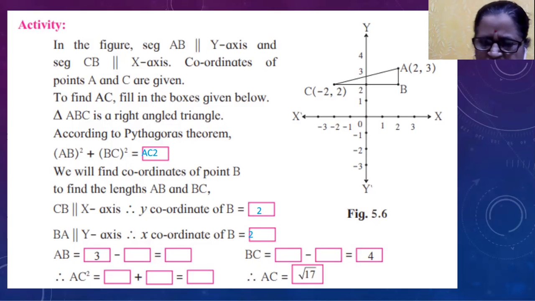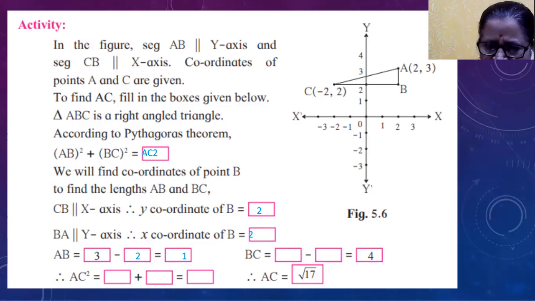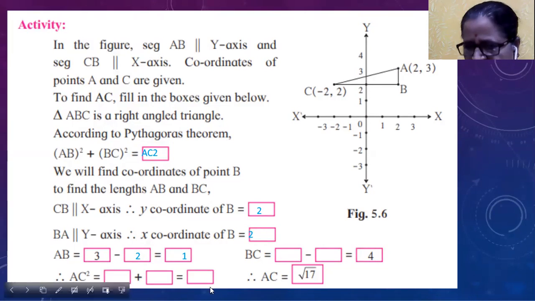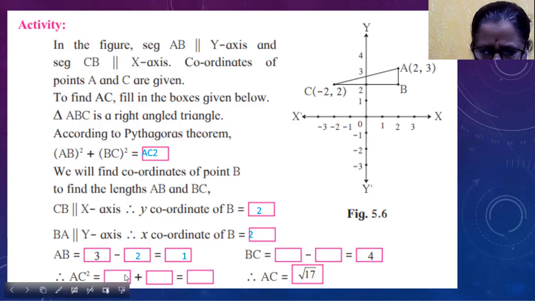And then for AB, we take the coordinates and fill in, that is 3 minus 2 is equal to 1, and then BC is 2 and 2, and here we get that AC square is equal to AB square plus BC square.